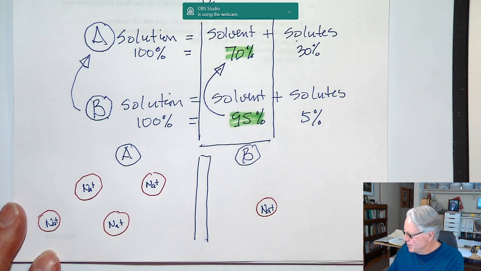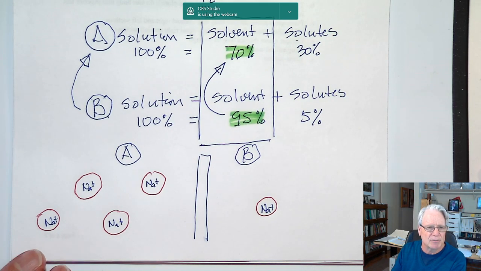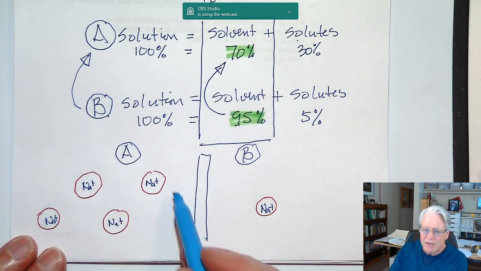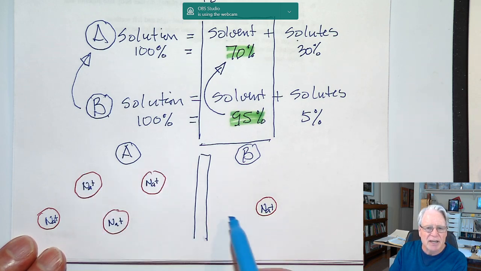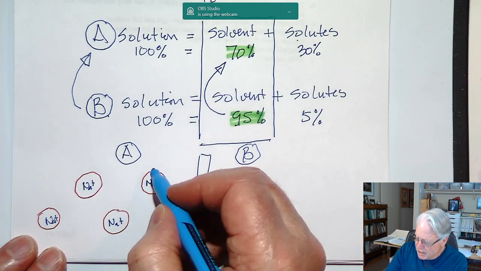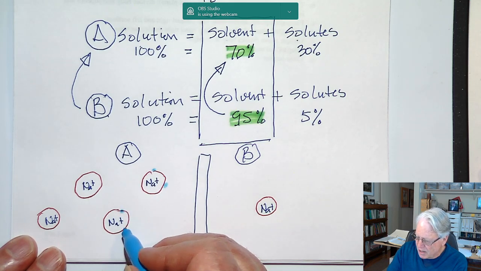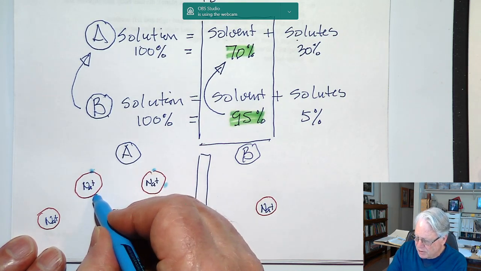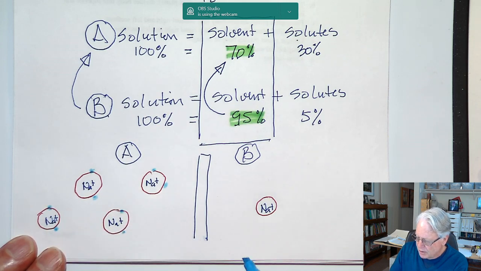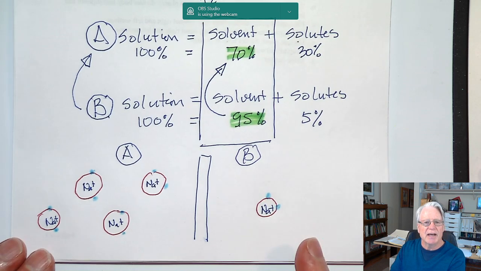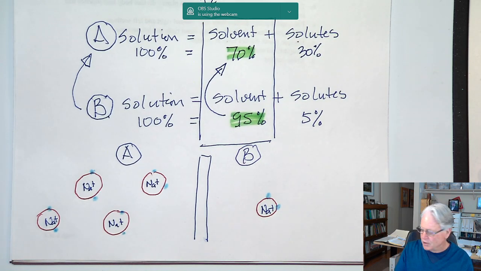And now what's going to happen is that these water molecules are going to associate with the sodium. So let's make it 10. If I have 10 water molecules over here and 10 water molecules over here, and each sodium is going to have 2 water molecules associated with it, because remember that water molecules are going to form those polar bonds.